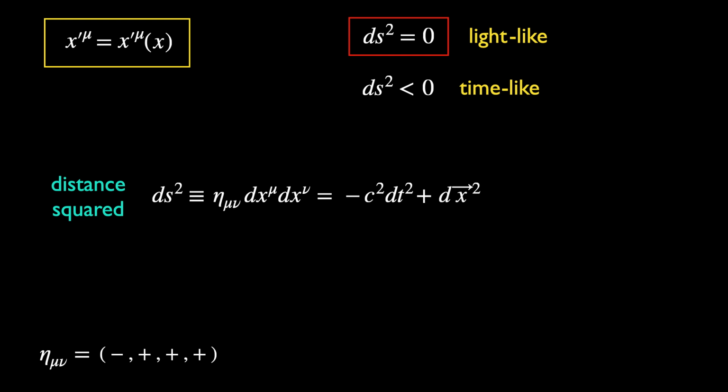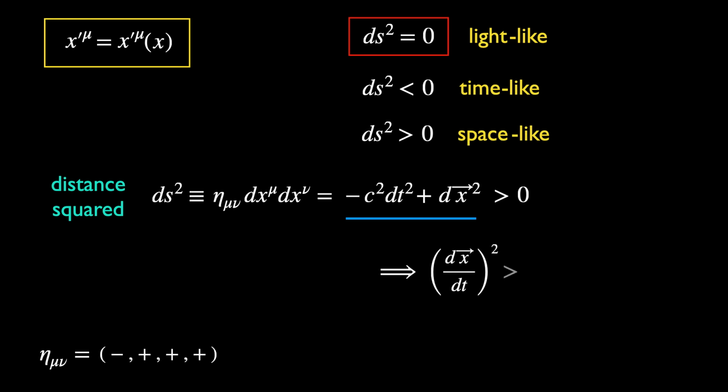On the other hand, if the spatial part dominates, we have a space-like displacement. Any particle traveling across such a displacement will be traveling faster than the speed of light. As we shall show later in this lecture, such a possibility will lead to causality violations or paradoxes.